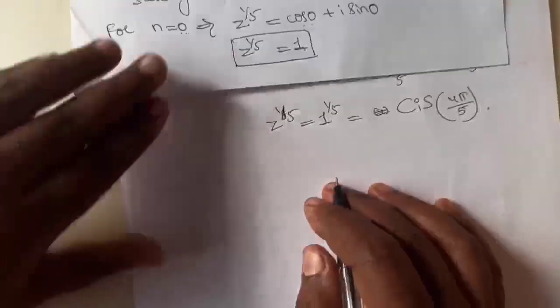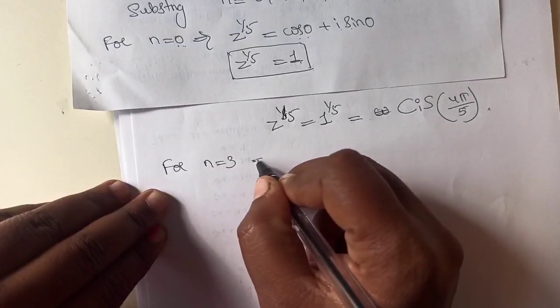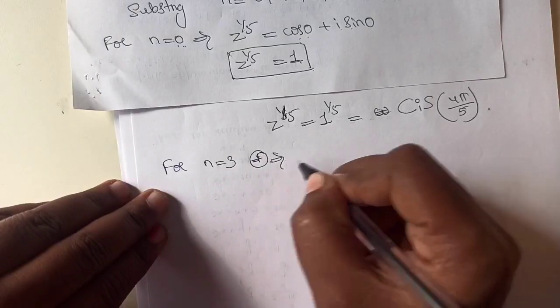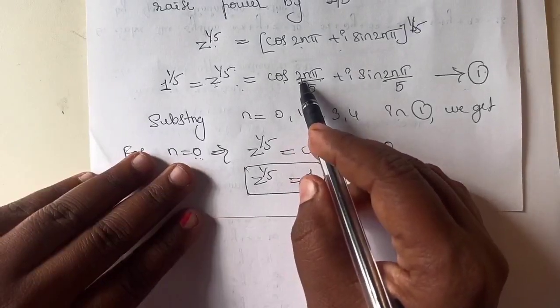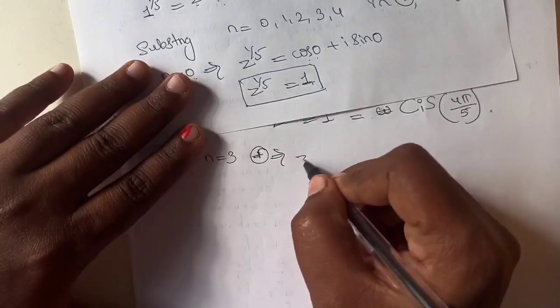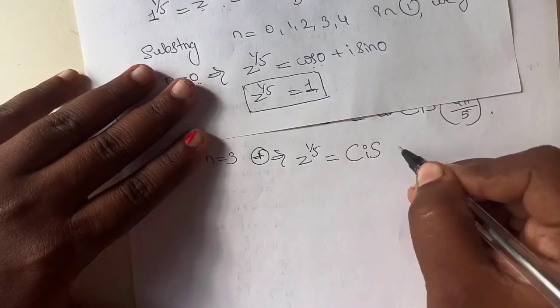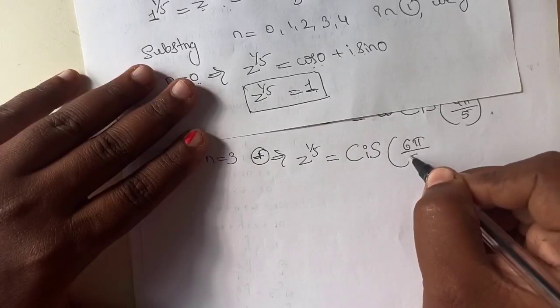Next, for n equals 3, 2 into 3 is 6, so we get cis of 6 pi by 5.